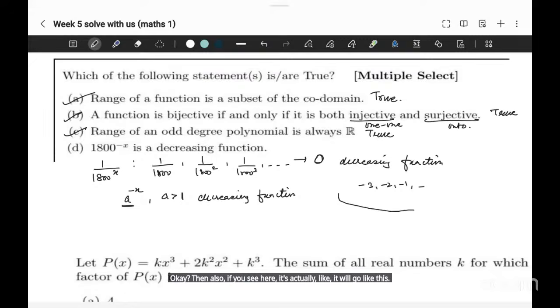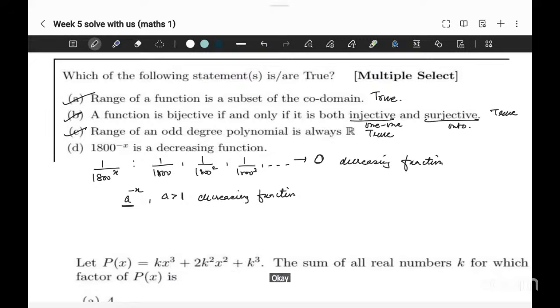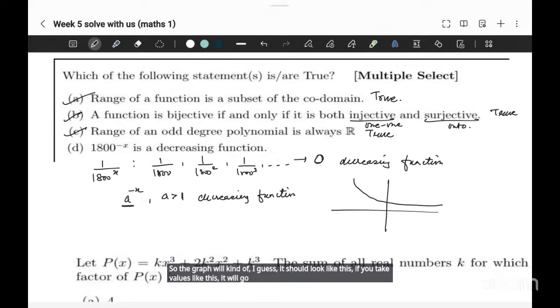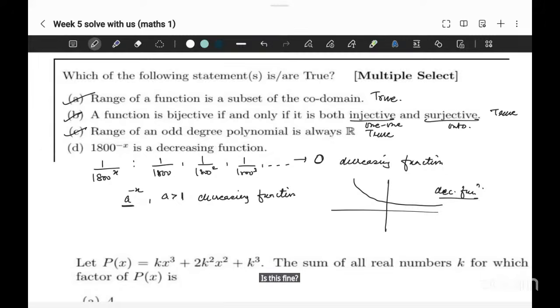Then also it will be a decreasing function, not an increasing function. Okay. Yes, you are correct. So the graph should look like this. If you take values like this, it will go like this. 1 upon, so that's why this is a decreasing function. Is this fine? Yeah. So all my options are correct. Is the question clear?